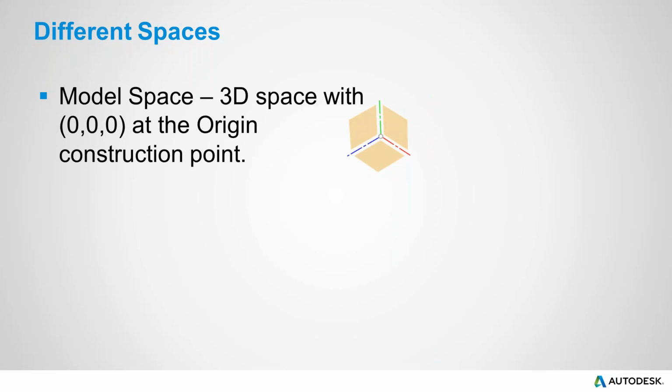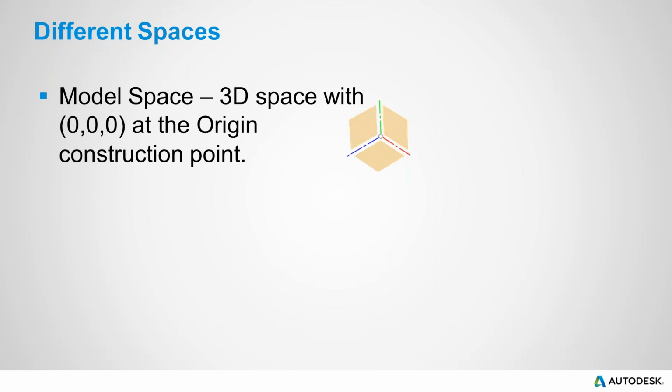The common one is just model space. If I turn on the main construction geometry, I'll see that little picture that you see there. So I see the origin, 0, 0, 0, and I've got red, green, and blue representing the X, Y, and Z axes.